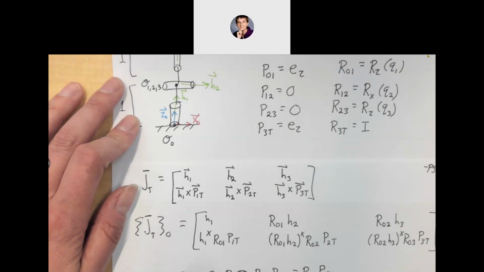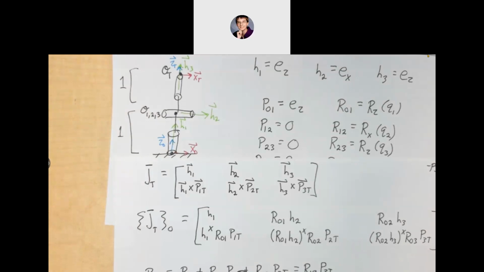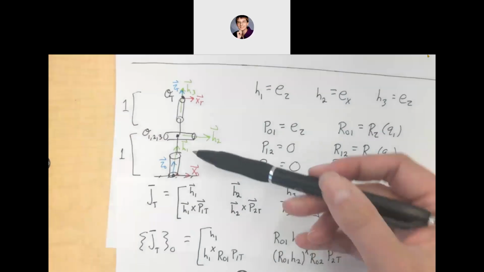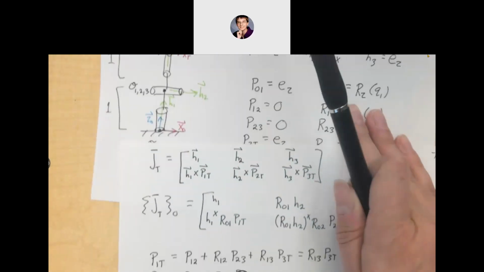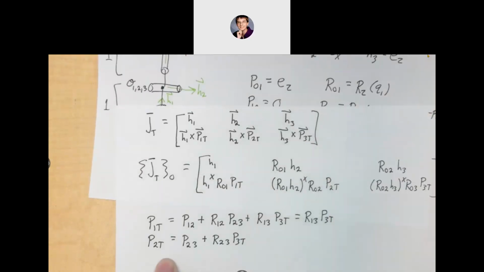And we have P2T. We have P23 plus R23 P3T. Right? So once again, now instead of going from point 1 up to T, we're going point 2 up to T. And we're representing everything in the 2 frame.